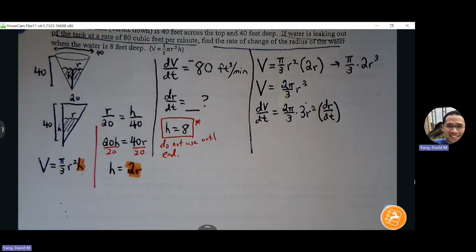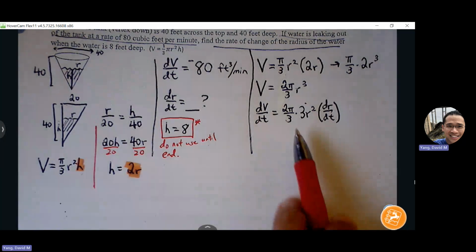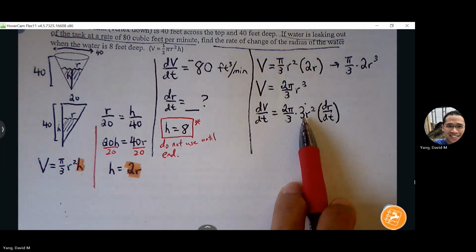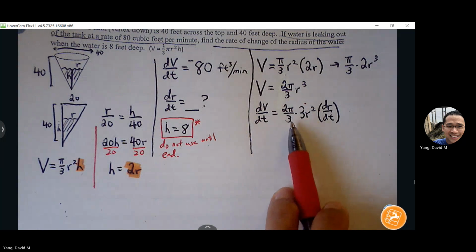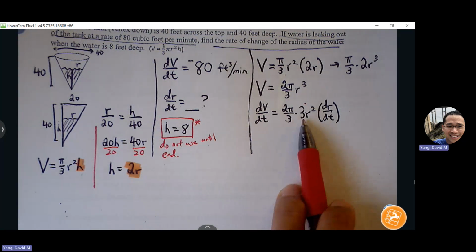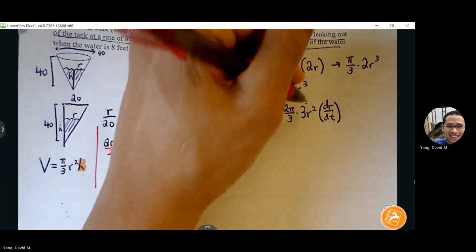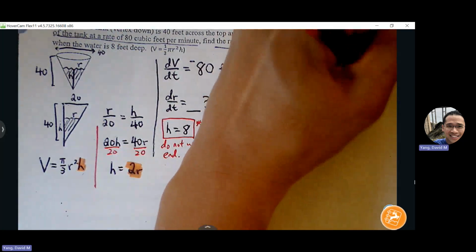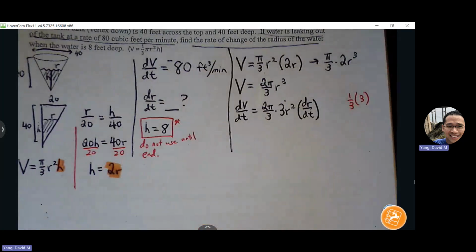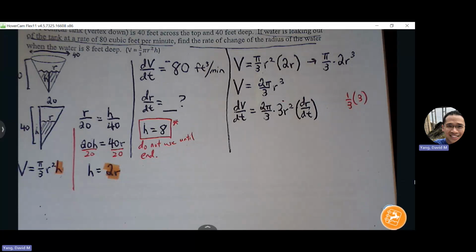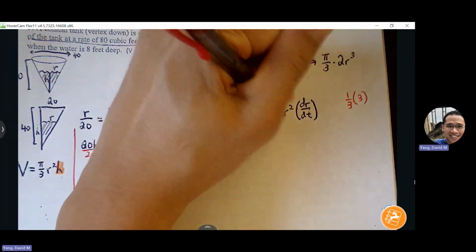Anything that can cancel out? What about this 3 and this 3? Because one's in the denominator and the other's in the numerator. Right? So it's like 1/3 times 3, which is 3 over 3, which is 1. So it's the same idea there. Does that make sense?